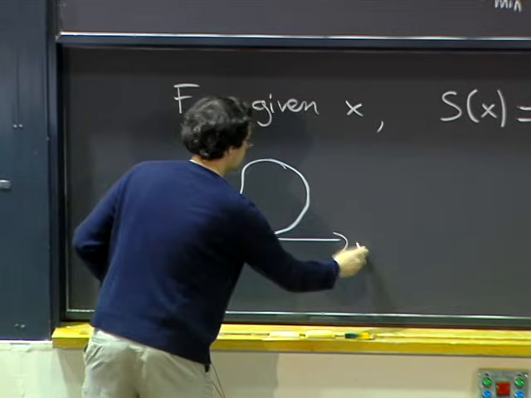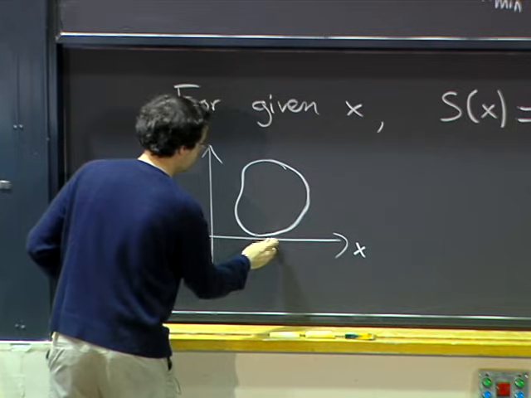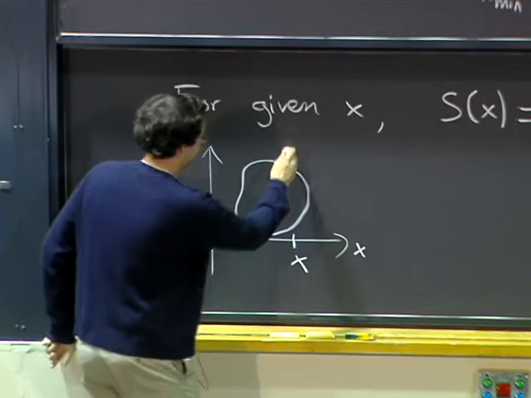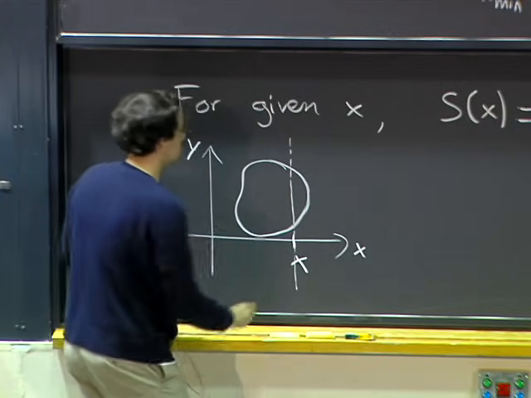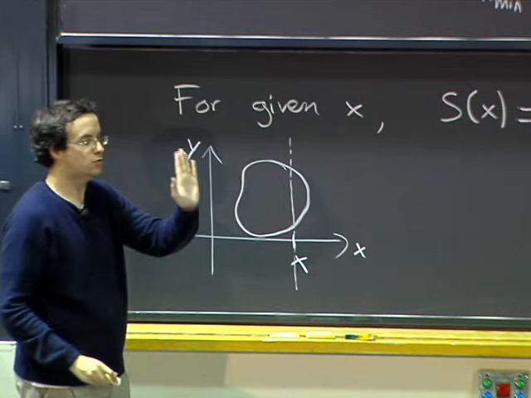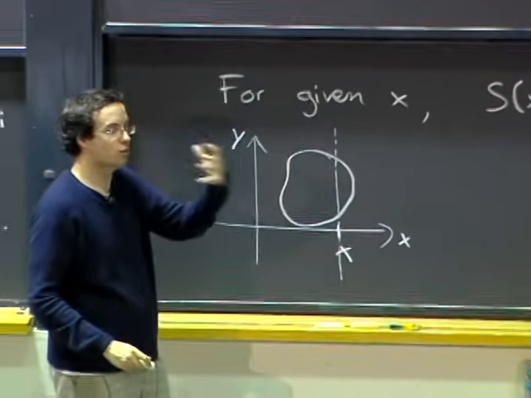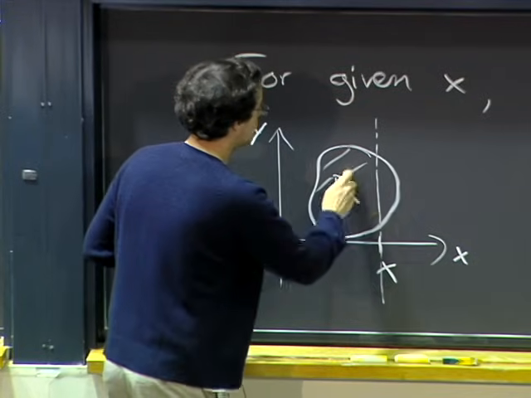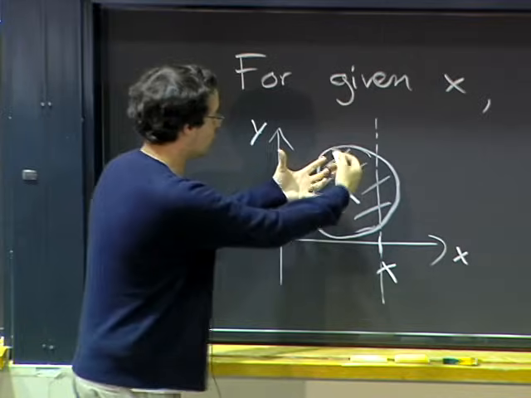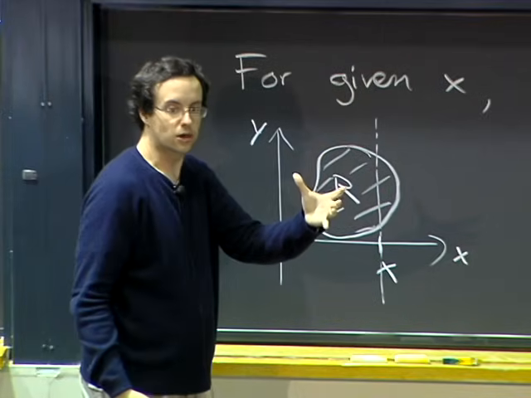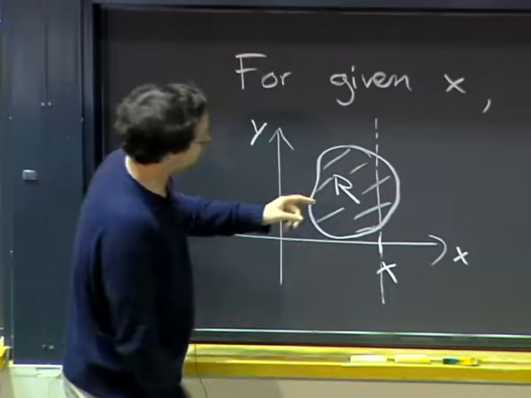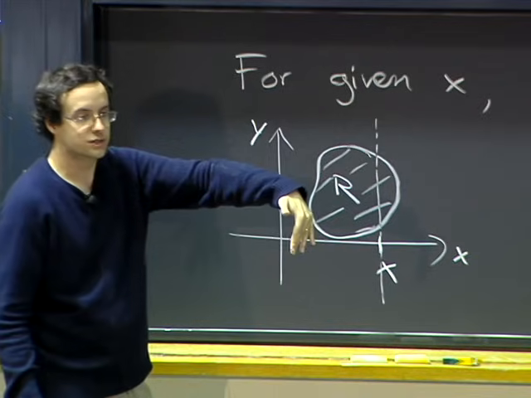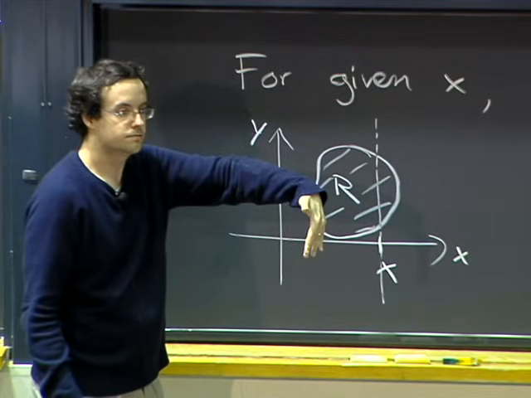So remember, we fix a value of x. And for a given value of x, we slice our graph by this plane parallel to the YZ plane. Now imagine the graph is sitting above that, and that's the region R. I have the region R, and I have the graph of a function above this region, and I'm trying to find the area between this segment and the graph above it in this vertical plane.